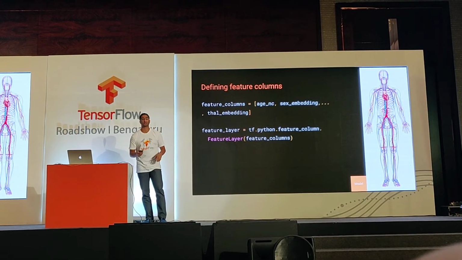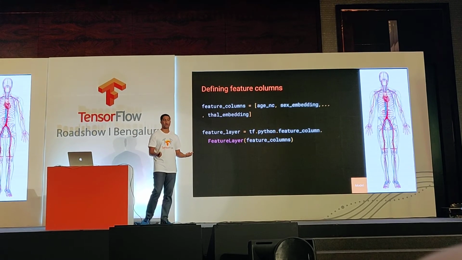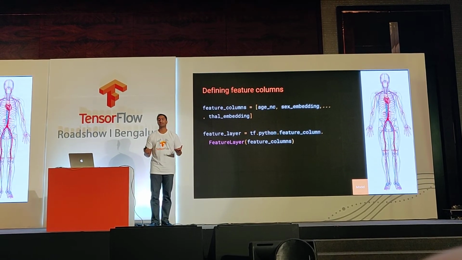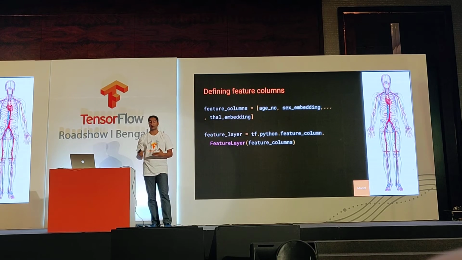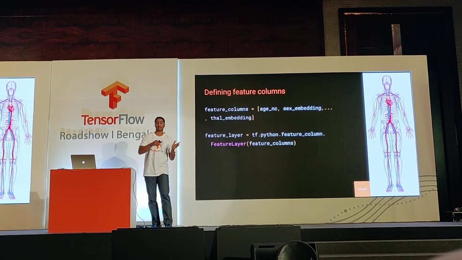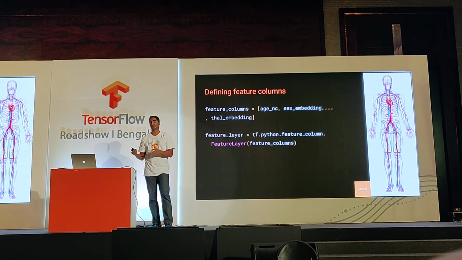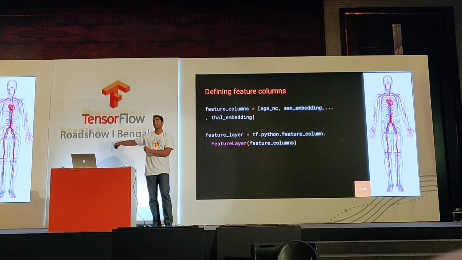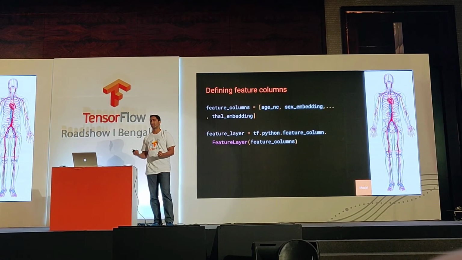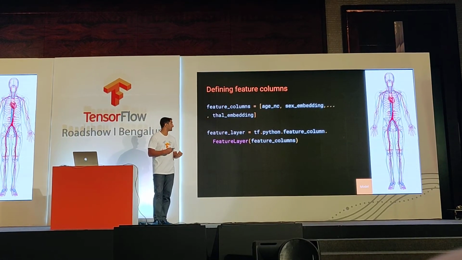This layer also handles creating and training any embeddings that we have. And so oftentimes you have data that needs to be transformed into models. Feature columns can handle those with good performance batch by batch, rather than having a separate pipeline to do transformations when you're training, which could really impact your performance.